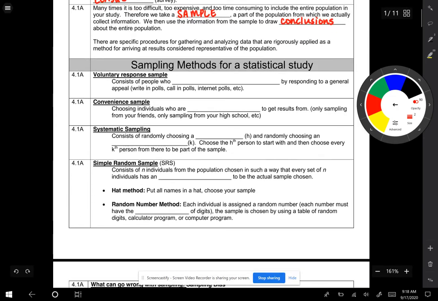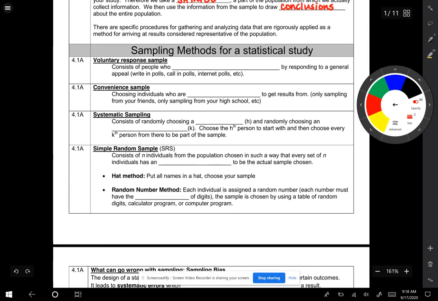Okay. So, there are several types of sampling methods for a statistical study. The first one is a voluntary response sample, and this is a type of sample where individuals get to choose themselves. So, it consists of people who choose themselves by responding to a general appeal.